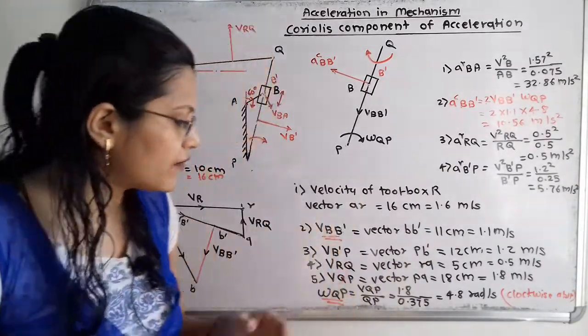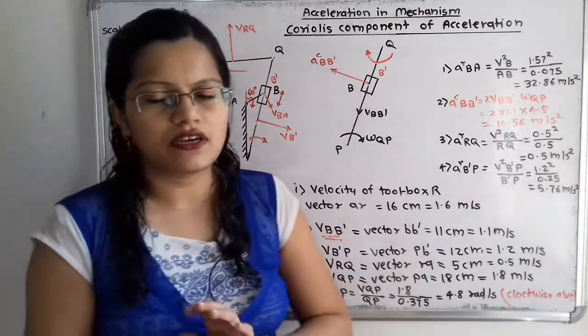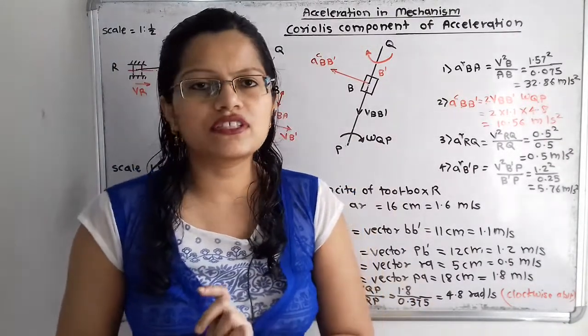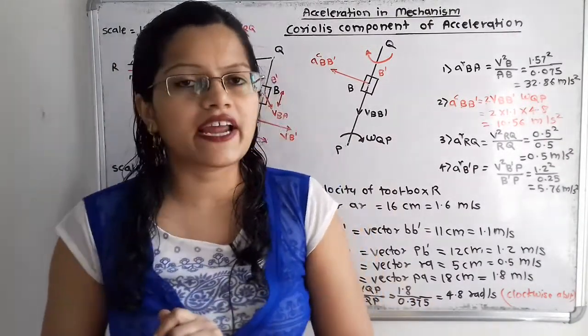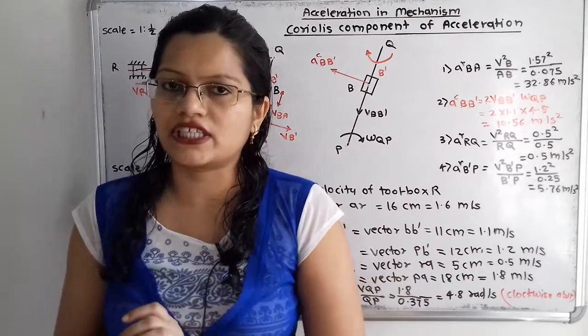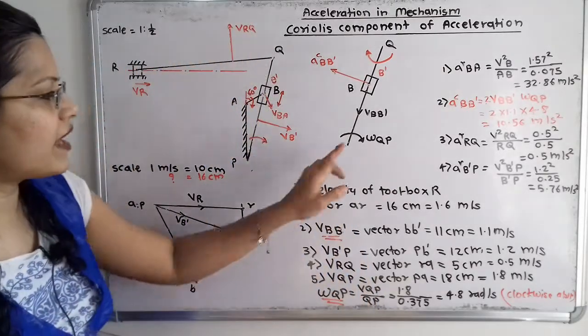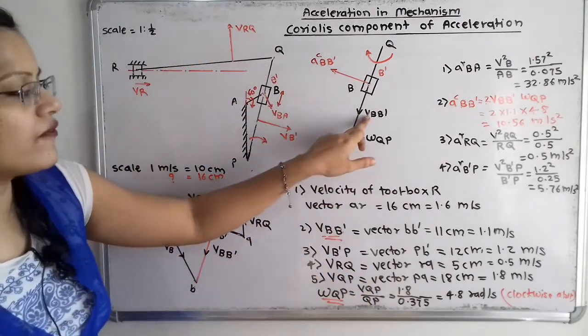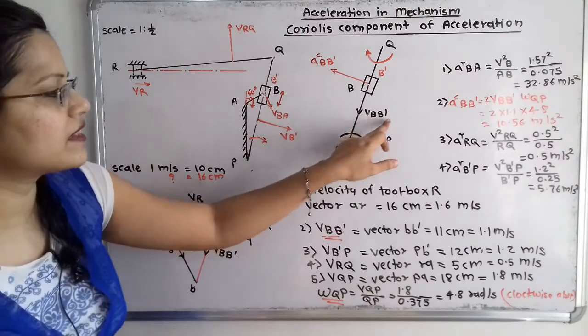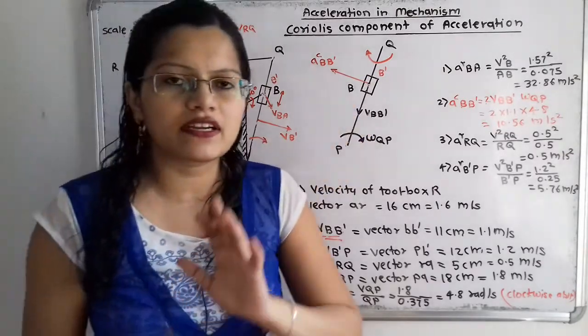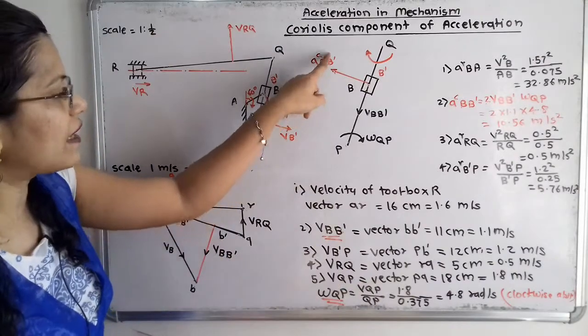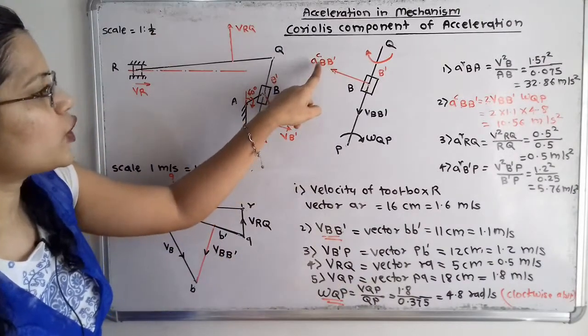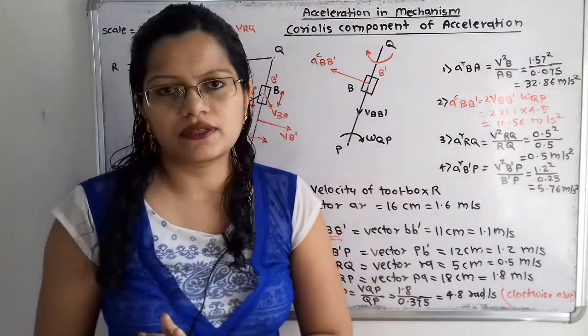Now we will calculate the values of acceleration. Here the linear velocities have been calculated. From these linear velocities we are going to calculate the radial component of acceleration, and here the value of omega and the velocity of B with respect to B dash have been calculated, so from that we can also calculate the magnitude of the Coriolis component of acceleration.